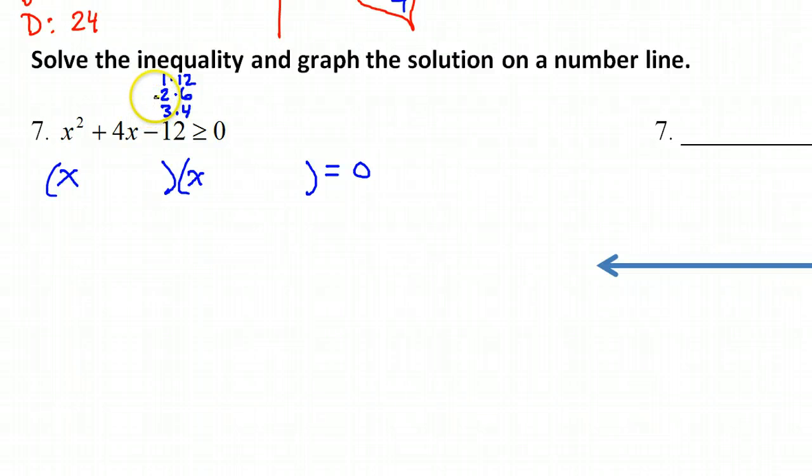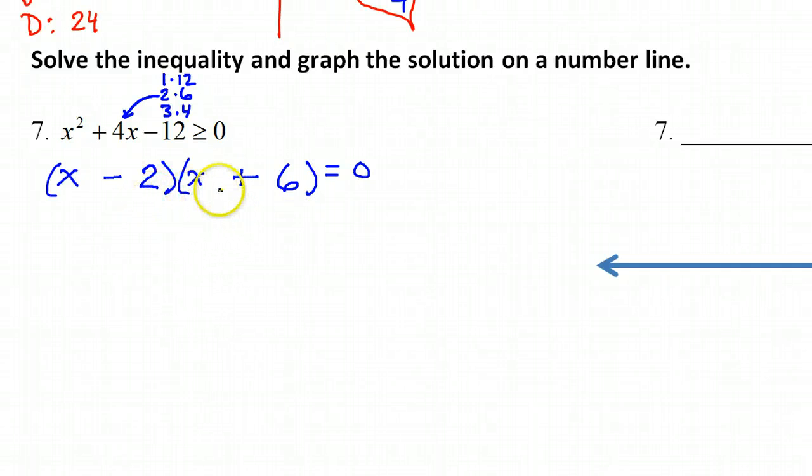I can immediately look for the pair that could give me 4. So 2 and 6. I need a positive 4, so a negative 2 and a positive 6 will give me a positive 4. So there you go.